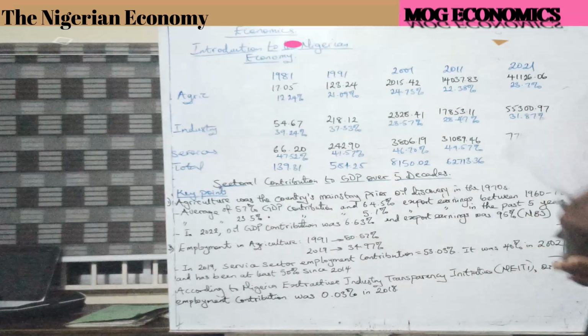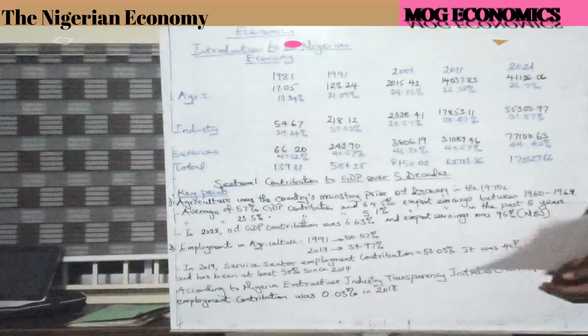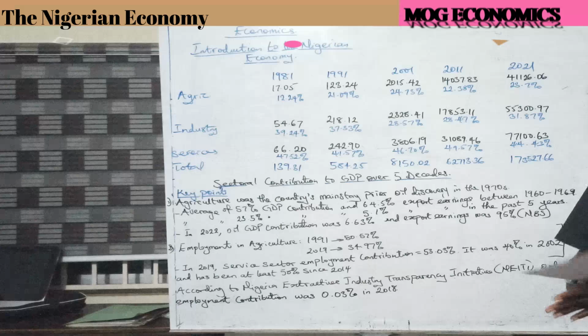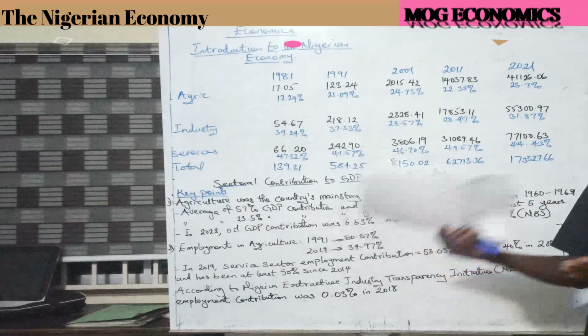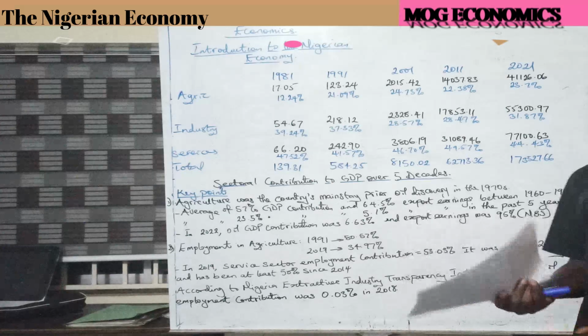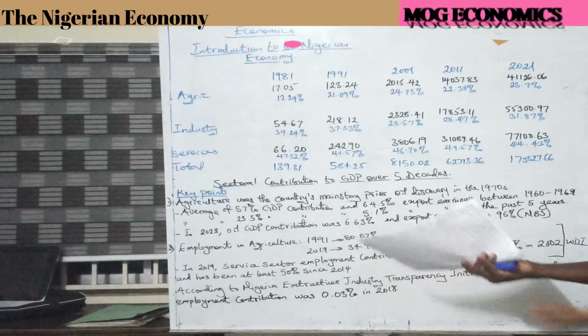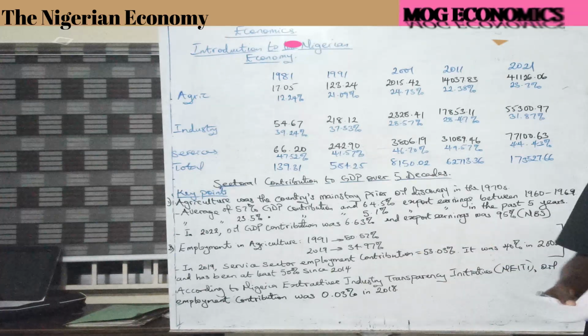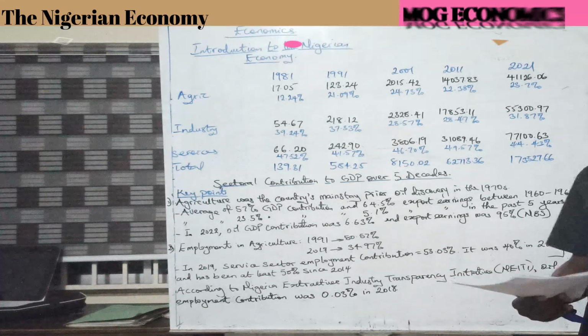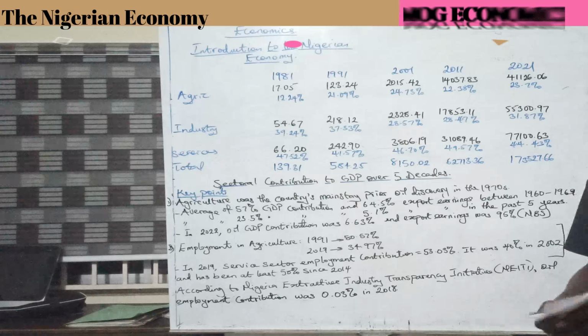So you might have been hearing on the news that Nigeria wants to diversify. Nigeria is talking about diversification. So what is diversification? Why is Nigeria not comfortable with oil being its major foreign exchange earner? Nigeria can't be comfortable because it's not employing a lot of its populace. It's employing few people, but those few people are wealthy. You understand?